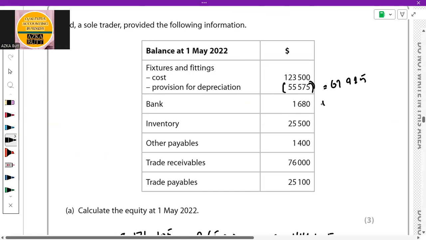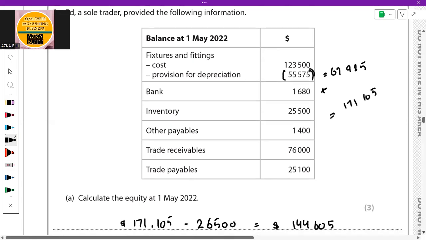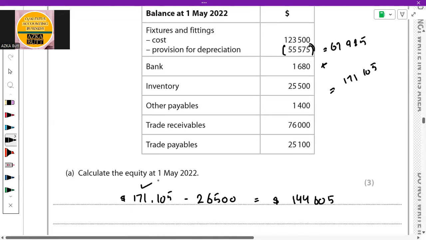So add this to the net book value, plus inventory, plus trade receivables, and now you have the total assets, which will be 171,105. Okay, so this is basically total assets.